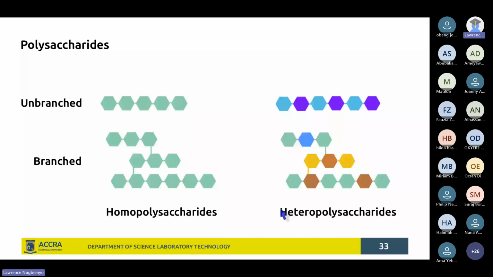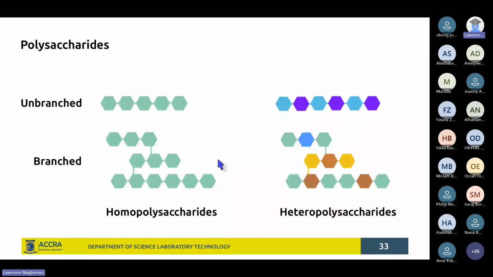Then we can also classify the polysaccharides as either branched or unbranched. So you see the unbranched ones are just straight chain molecules. The bond you find there is the 1,4-glycosidic bond throughout.